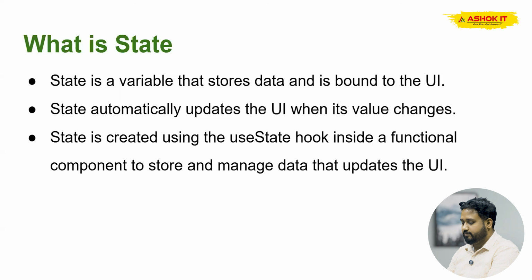So if you are using a functional component to create UI, then you can create this state variable using a hook called useState. And once you create this state, you can store some data in it and bind it with your UI, so that the data will be displayed.